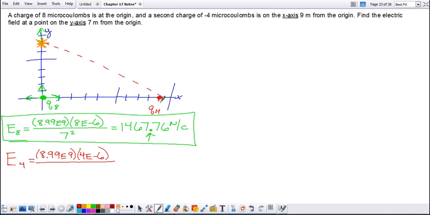Well, I just made a right triangle. So this side was 7 meters, this side was 9 meters. We need to know this side over here, which we can call c. Pythagorean theorem, a squared plus b squared equals c squared. So 7 squared plus 9 squared equals c squared.